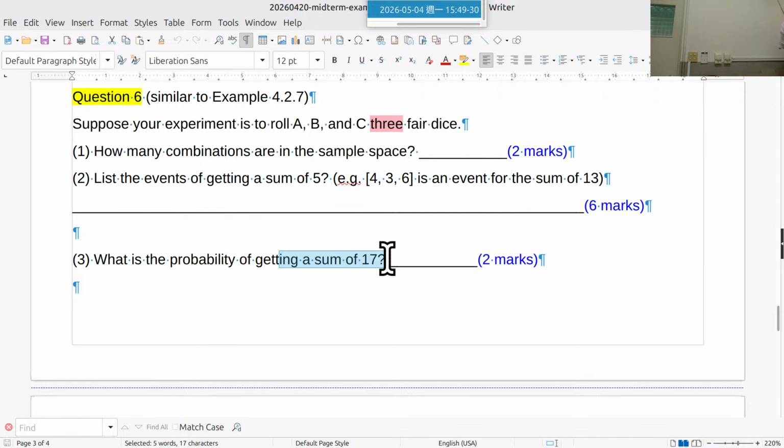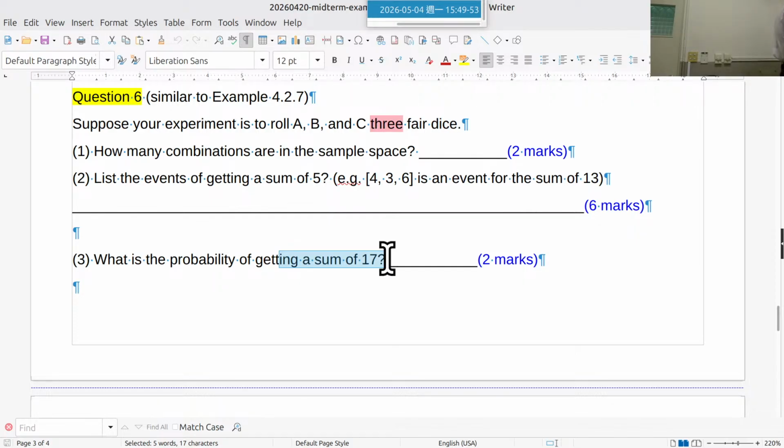I can list events, right? 5 plus 5 plus 7. What's wrong with it? There's no 7. Yeah, only 6 sides, up to 6, no 7. So that one is impossible. So very simple: 5 plus 6.